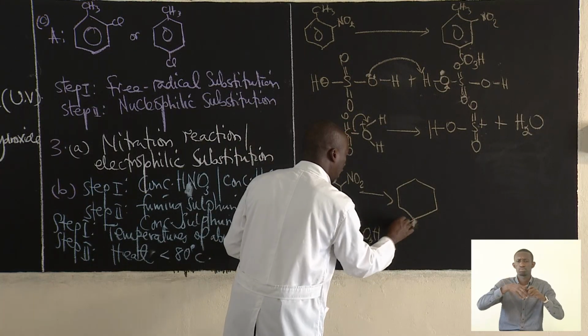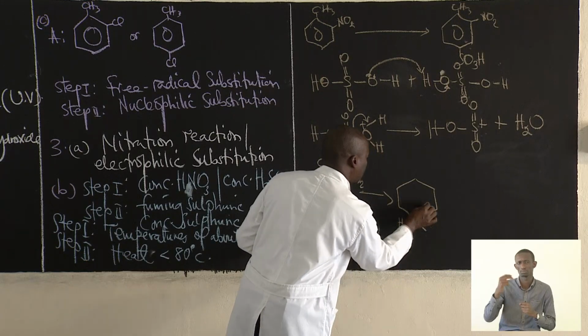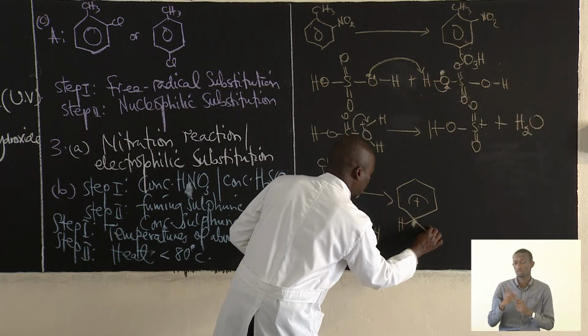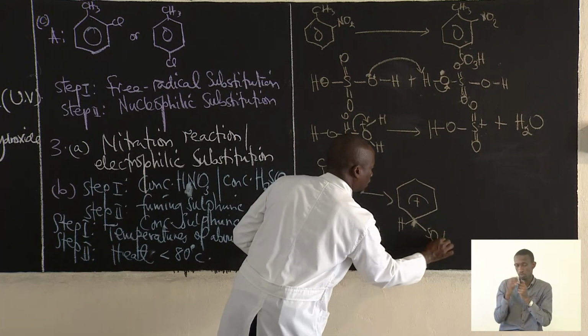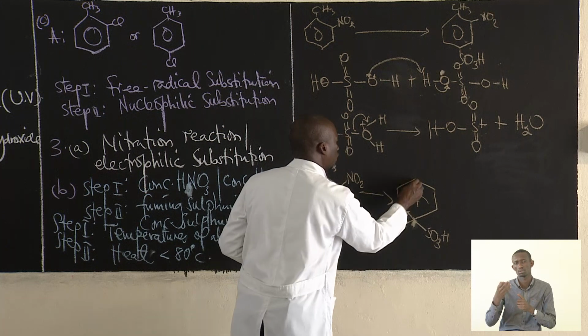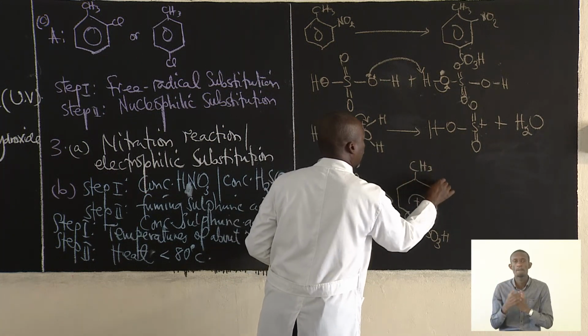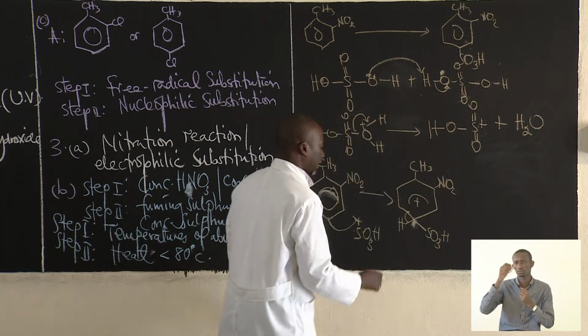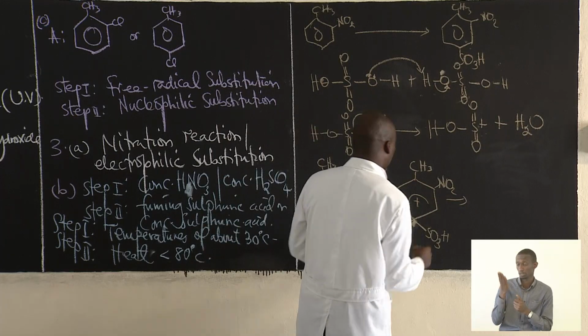So you have a hydrogen here, and then you have a positive charge and SO3H. Remember you have a methyl group here and a nitro group here, so this hydrogen is eliminated.